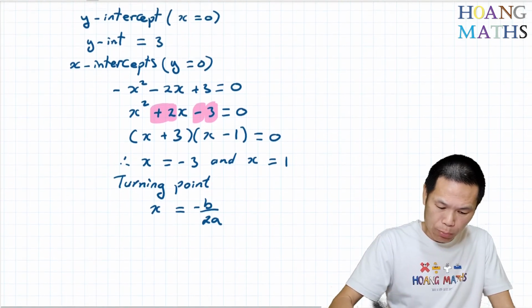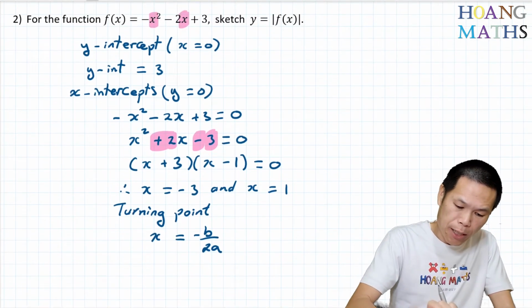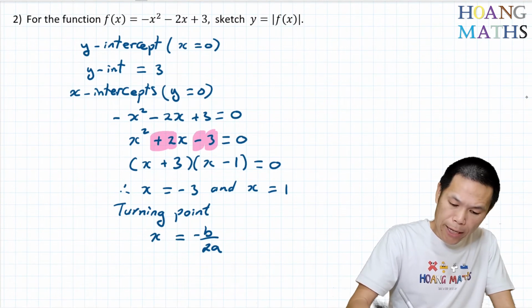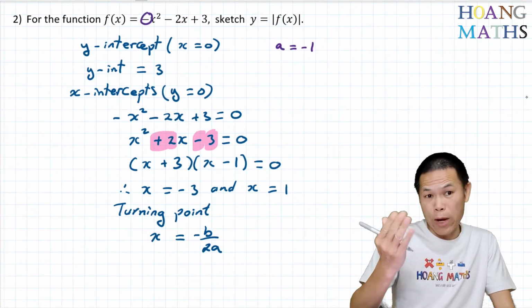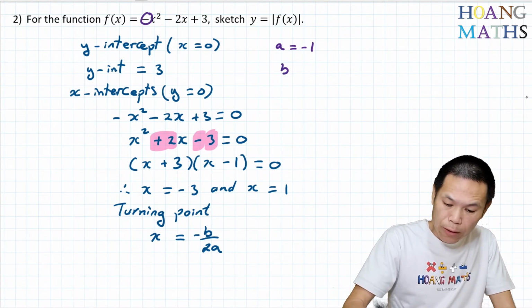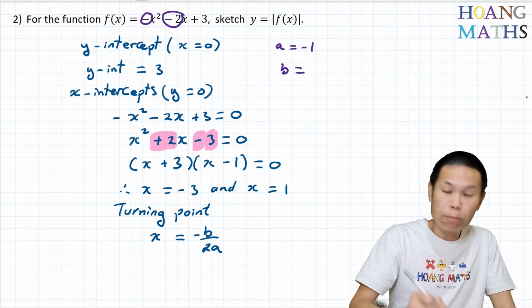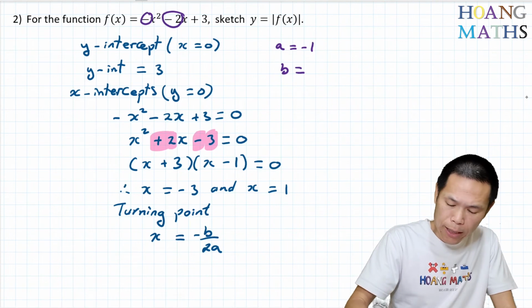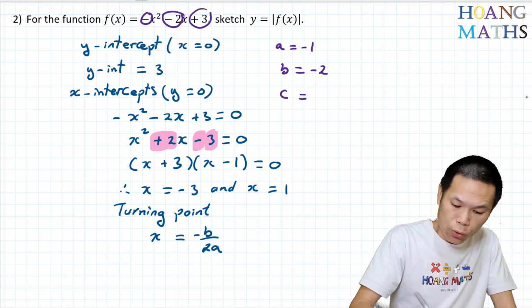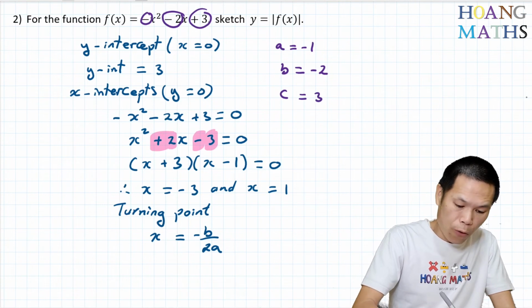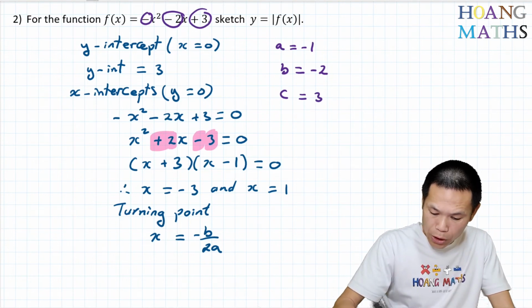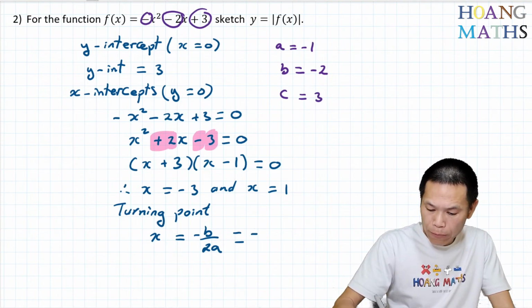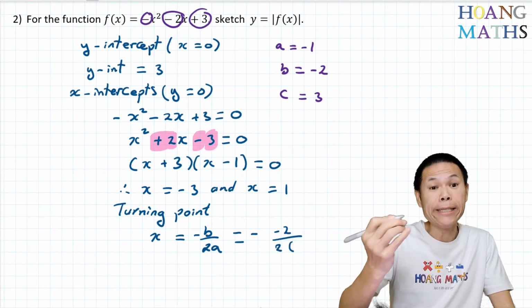So a is negative 1 because it's the coefficient of x squared, and b is negative 2, the coefficient of x. And c is the constant, that is 3. So x equals negative negative 2 over 2 lots of a, and a is negative 1.